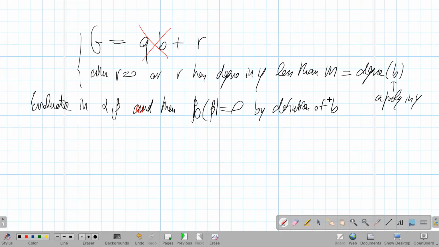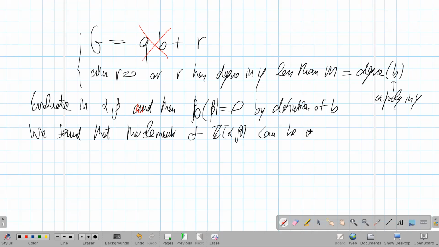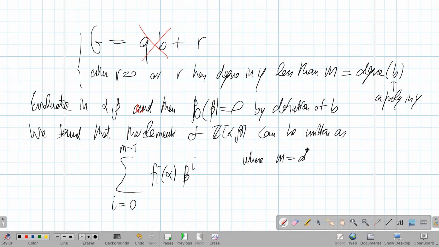So what we have found is that the elements of Z[alpha, beta] can be written in the form sum from i equals 0 to m minus 1 of f_i(alpha) times beta to the i, where m is fixed this time. m is the degree of B.